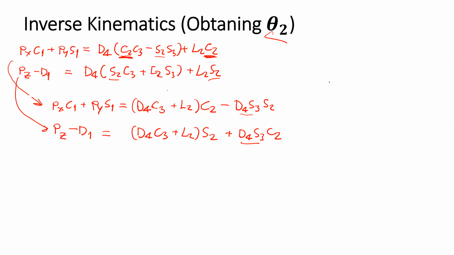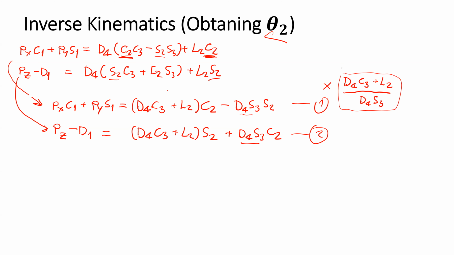Let me think. Okay, we have equation 1 and equation 2. We will multiply the equation 1 with D4C3 plus L2 divided by D4S3, and then we'll add equation 2.